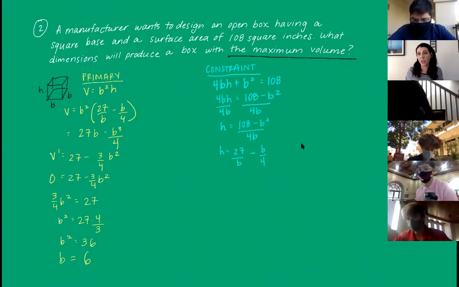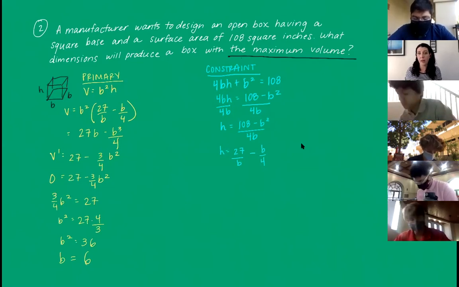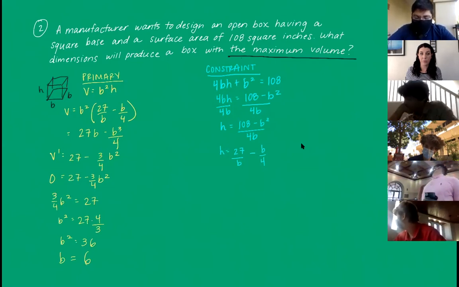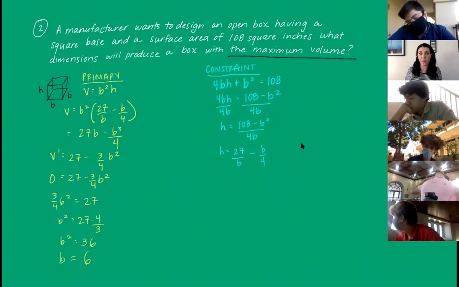What do I do next, Noah? You need to plug B back into the constraint equation. Or I guess B squared, you could do B squared because that was given already. Yeah, so we could either plug B squared back into the constraint equation or B back into the constraint equation. So what did you do from here?